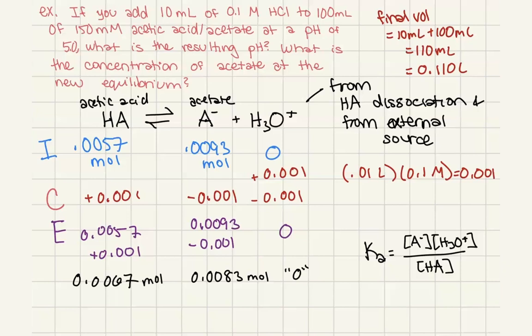But for now, let's figure out the molarity of these things. Remember that to find molarity, we can divide our moles by our liters. And so we have 0.110 liters.